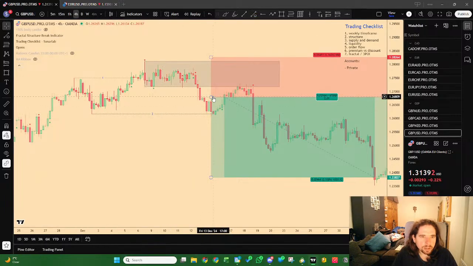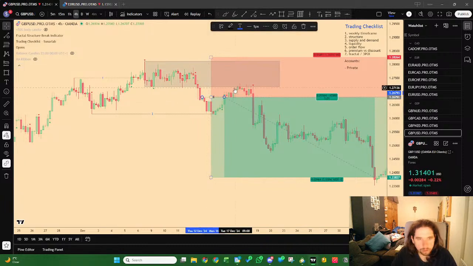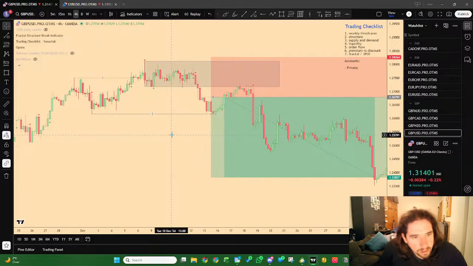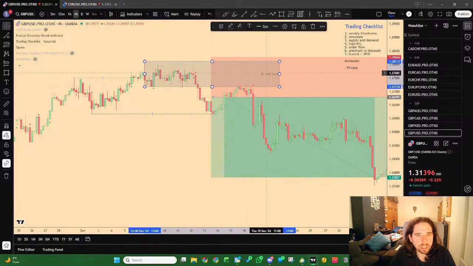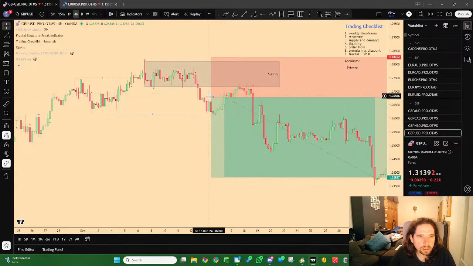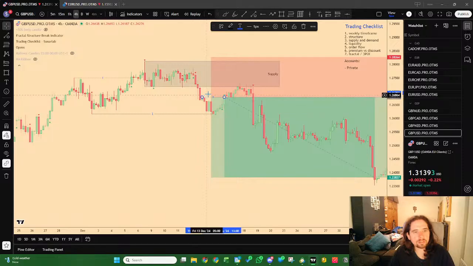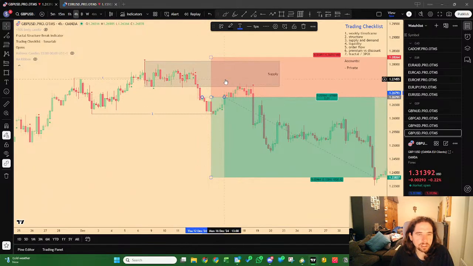And then number 3 is you have liquidity below or above the area of supply and demand. So in this case, because we have an area of supply, we want to have liquidity just below the area of supply.